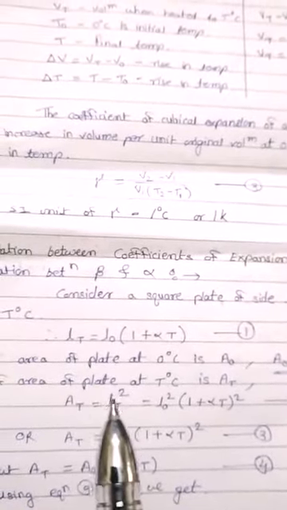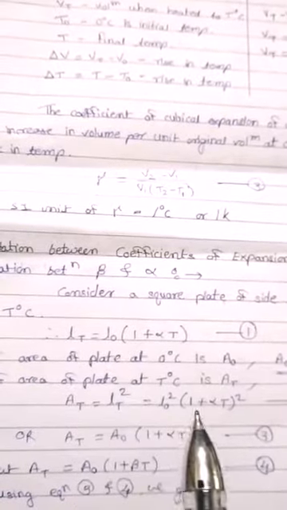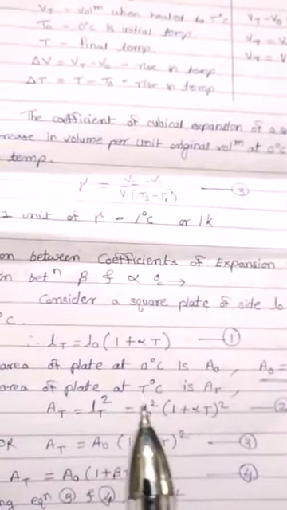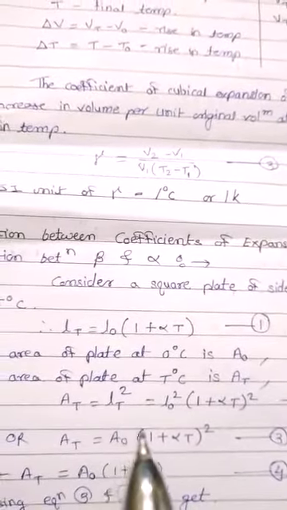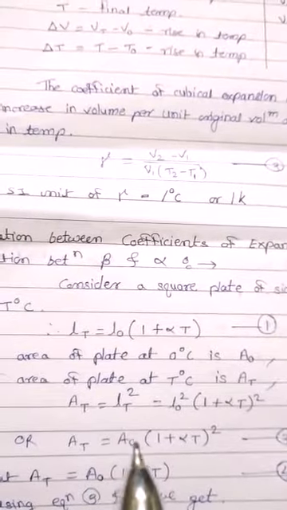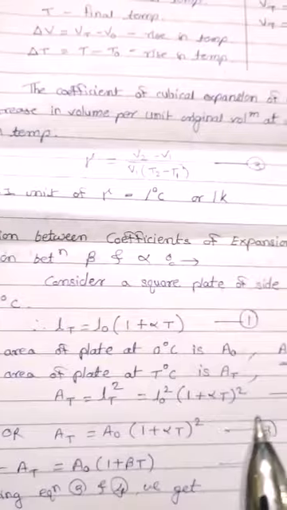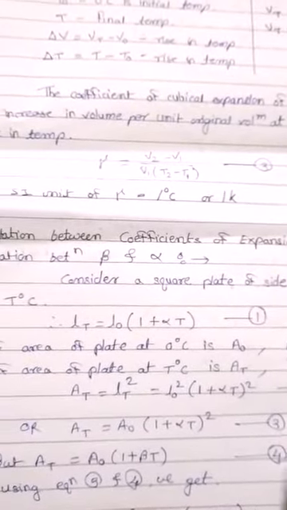Here we write LT square is equal to L0 square (1 plus alpha T) square. This is equation number 2. But A0 is equal to L0 square, so putting A0 in place of L0 square, AT is equal to A0, the area at 0 degrees Celsius, times (1 plus alpha T) square. This is equation number 3.